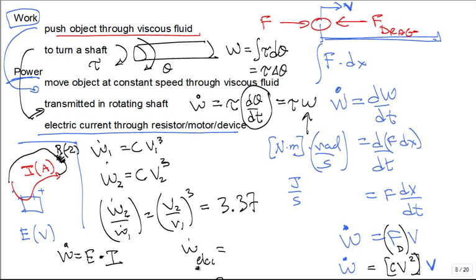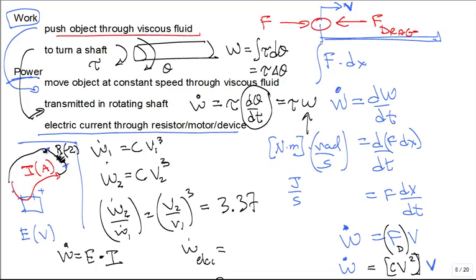Now, what is that equal to? Is it the voltage drop across the resistor times the current through the resistor? Is it that? I have a voltage drop across the resistor, true?